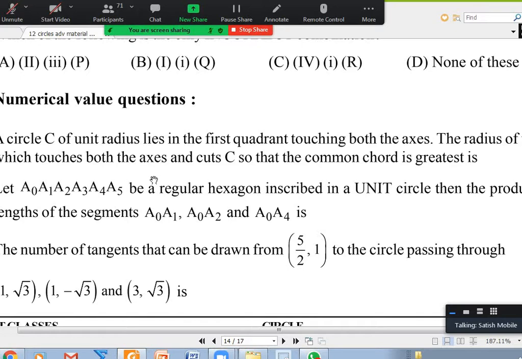Okay, the number of tangents that can be drawn from 5 by 2 comma 1 to the circle passing through 1 comma root 3, 1 comma minus root 3 and 3 comma root 3. The points 1 comma root 3, 1 comma minus root 3 and 3 comma root 3 form a right angle triangle.